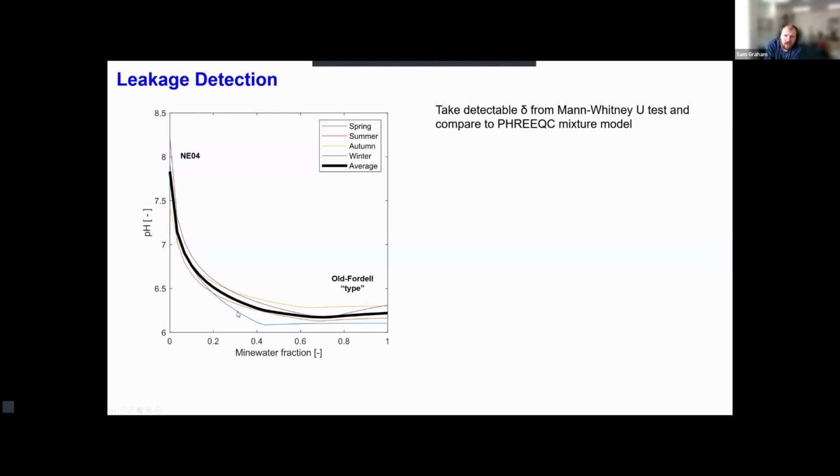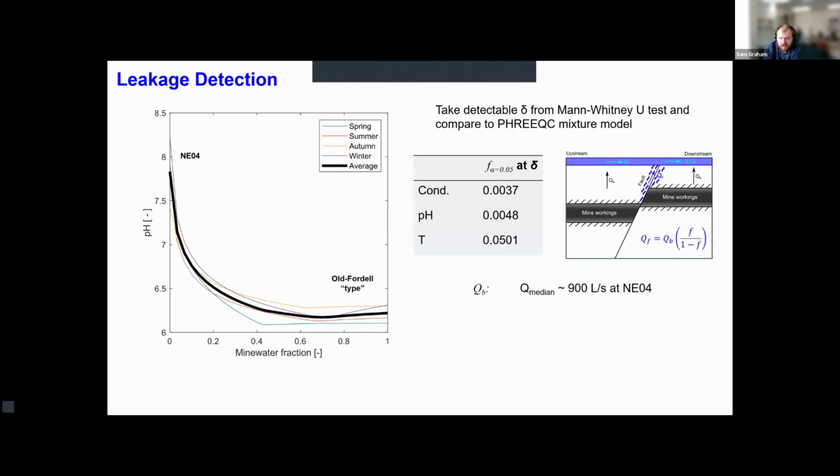And we know for pH, from what we saw before, we can work out what fraction of mine water we would need to mix into the system to nudge those distributions by the amount we would need to make a statistical observation that something's gone wrong. And we find that for temperature, it's 10 times the value that we would need for conductivity or pH, which ironically suggests that temperature might not be a great proxy to use for this, because more has to go wrong for you to notice it.